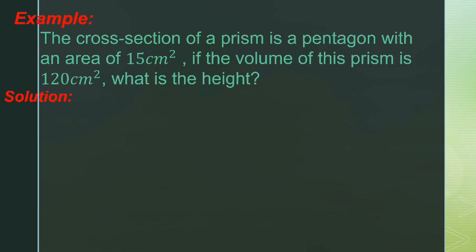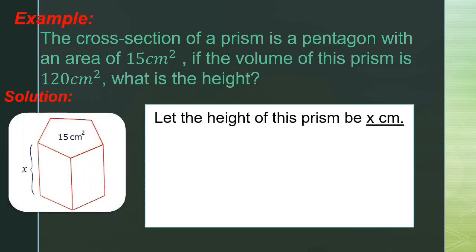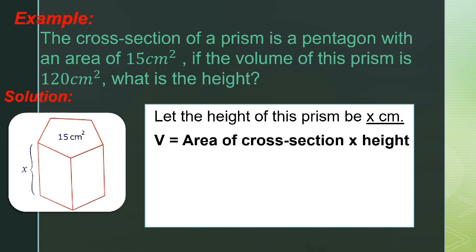To solve that one, first, let the height of this prism be x centimeters. And again, what is the formula of our volume? We have area of cross section times height. Our volume is 120 and it is equal to our area of cross section, 15 centimeters squared, times height, which is x.